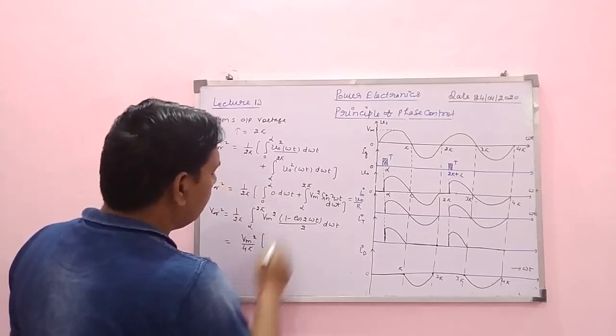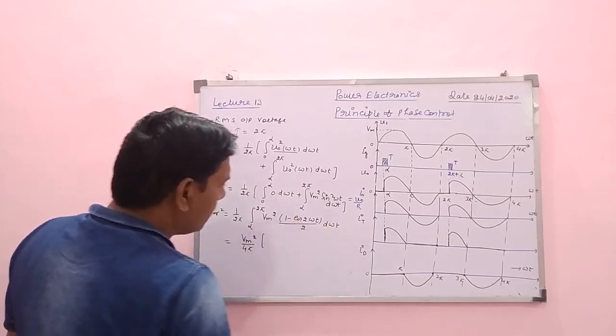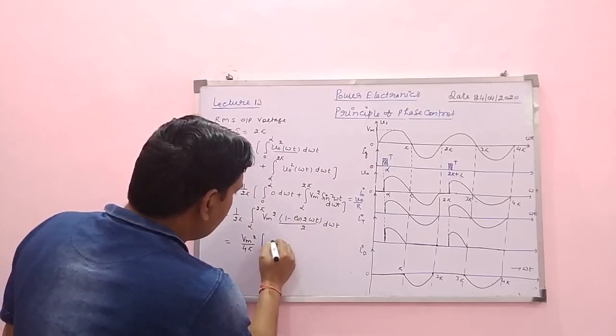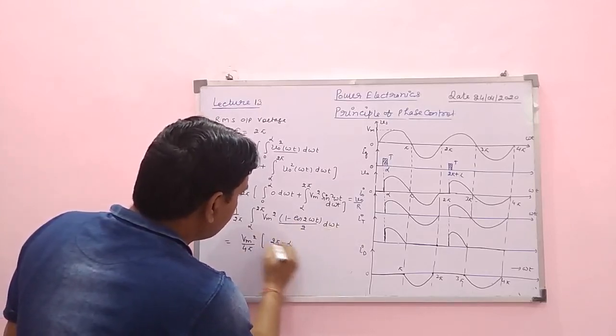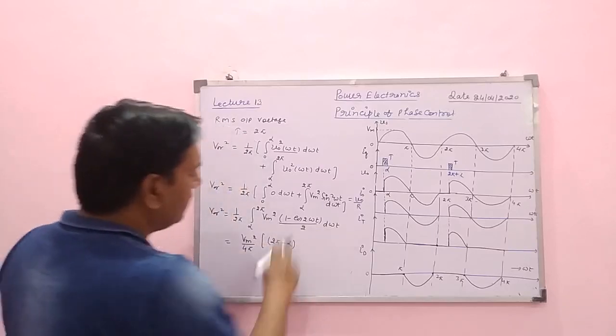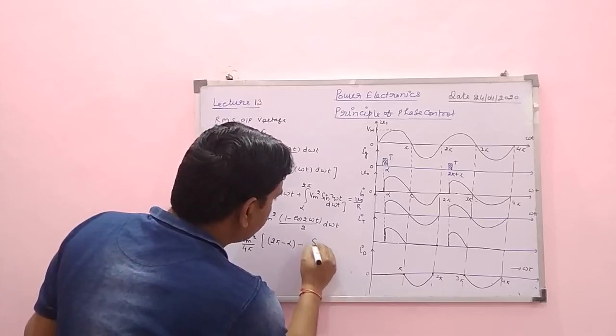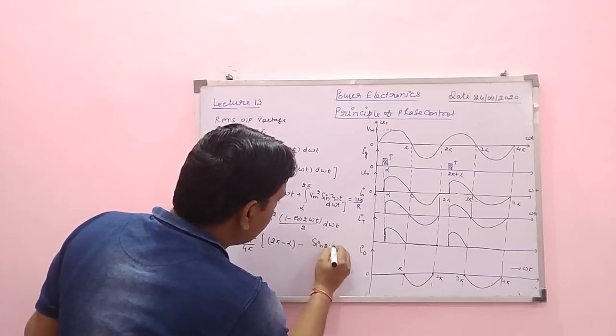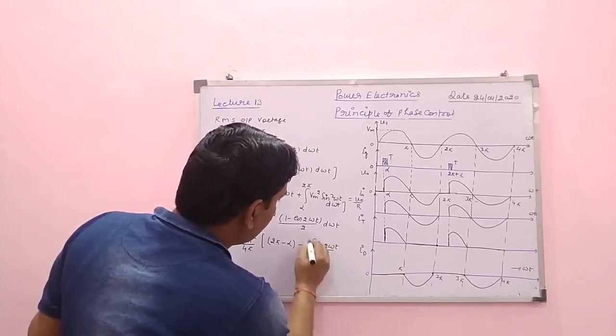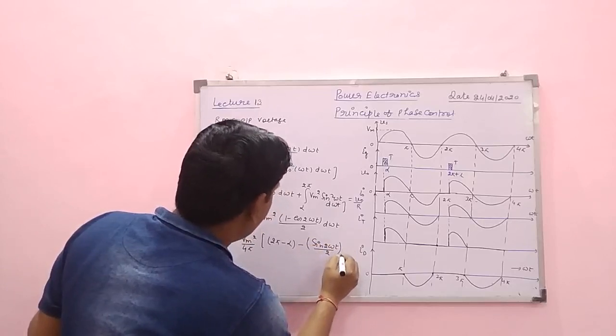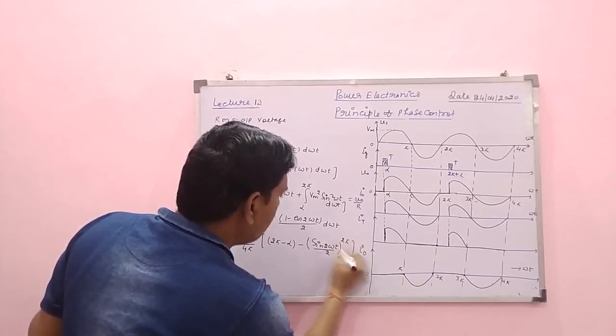Now we will integrate. The integration of 1 with respect to omega t will be omega t, with upper limit 2 pi minus lower limit alpha. The integration of cos 2 omega t is sin 2 omega t divided by 2, with limit from alpha to 2 pi.